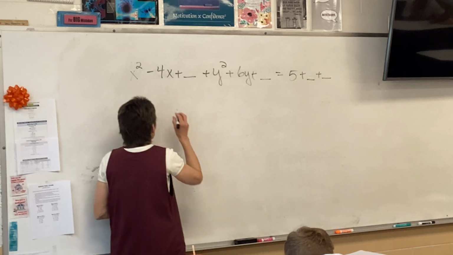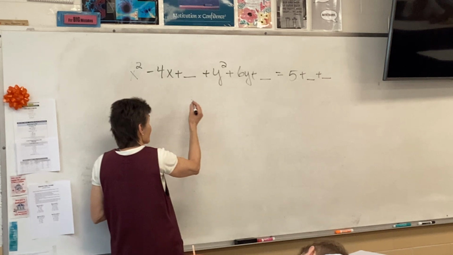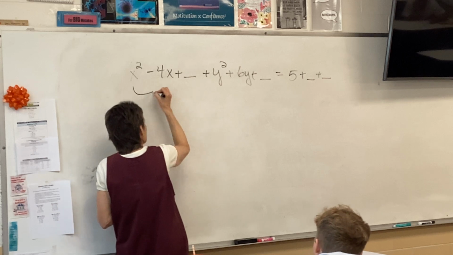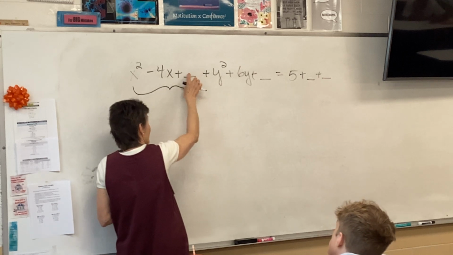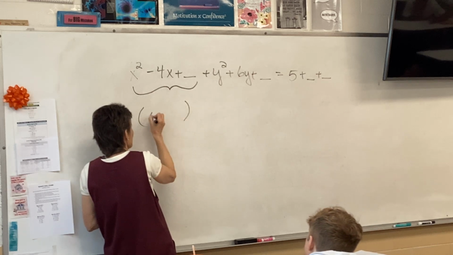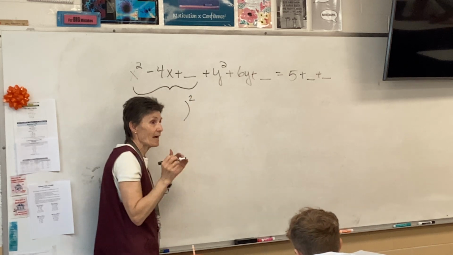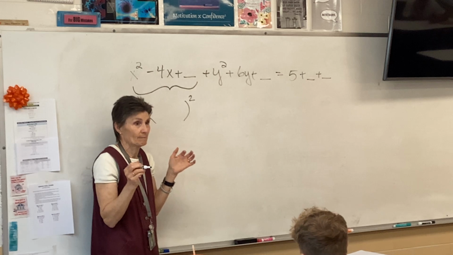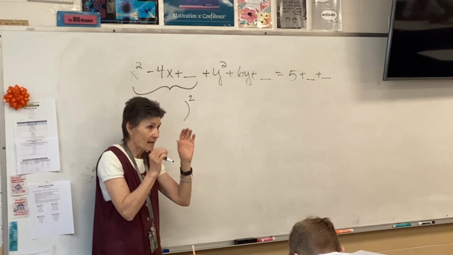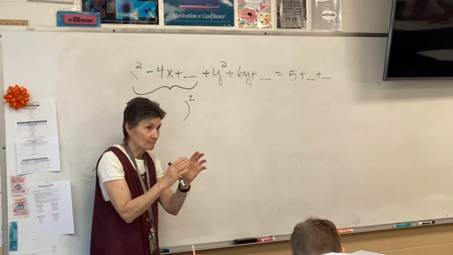And then, when I grouped my x's together, I left a little blank, because I am going to figure out a number to write there that is going to turn these 3 terms into an x squared parentheses. Look at problem C. There's an x parentheses, right?